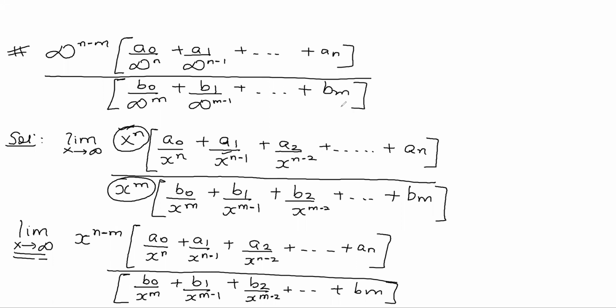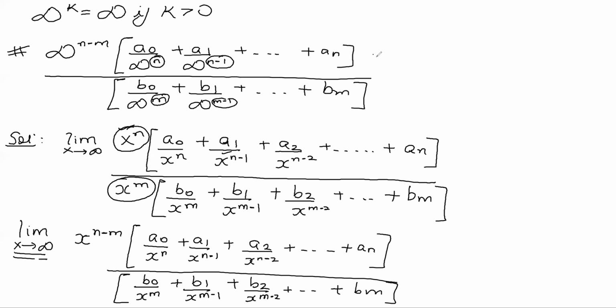Now, just now, a few minutes back, we learned anything upon infinity is 0. And infinity to the power anything will be equal to infinity if the power is positive. You can see that n minus 1, n minus 2, dot, dot, dot, all of them are positive. m minus 1, all of them are positive.